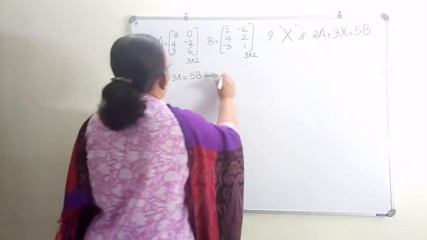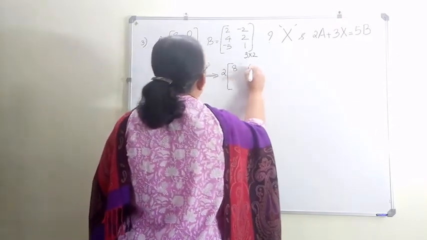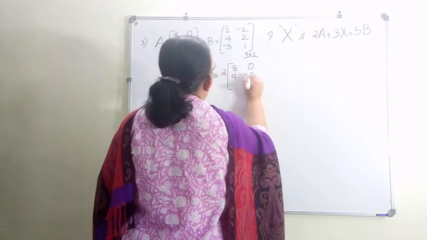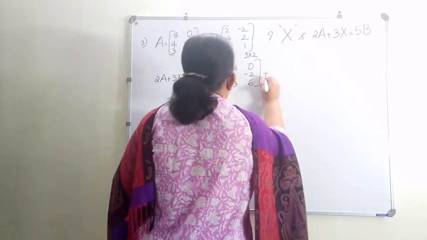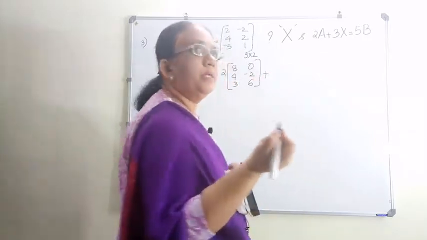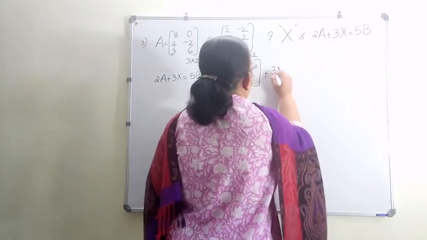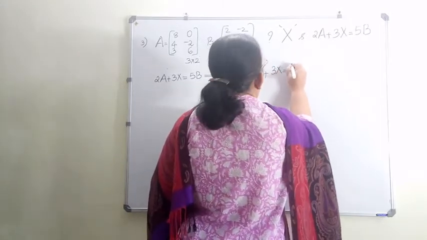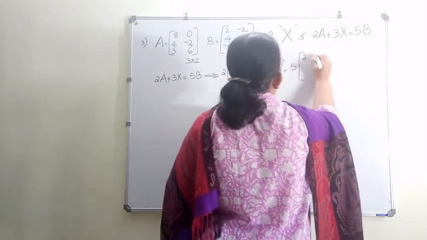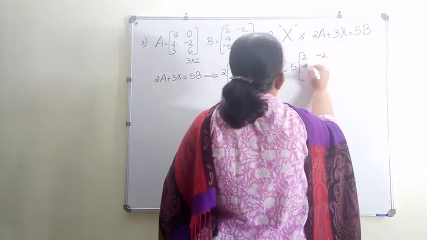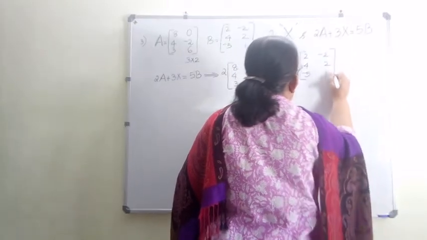That is 2 into matrix 8, 0, 4, minus 2, 3, 6 plus 3X. X is the matrix you have to find out. 3X is equal to 5 into matrix B. What is B matrix? 2, minus 2, 4, 2, minus 5, 1. Okay.